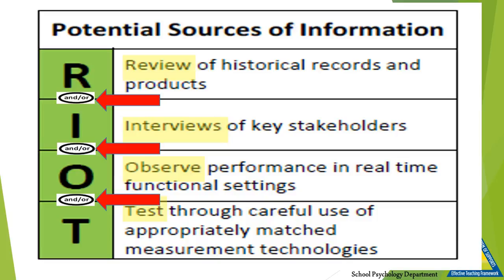When we review and we find out what the problem is, we're done. We look at whether or not our hypothesis is validated or invalidated, we move on. We may need to do a review and an interview, but we don't necessarily have to do review, interview, observe, and test for every hypothesis.